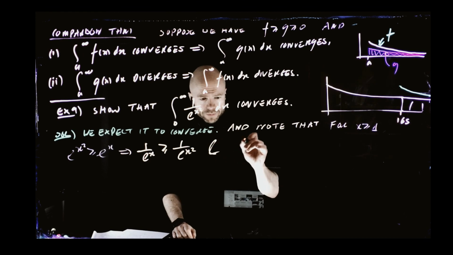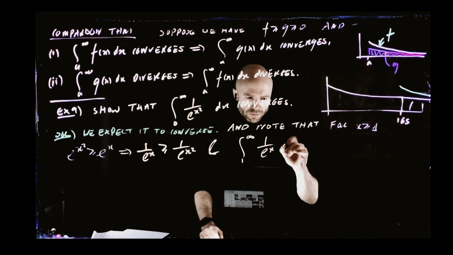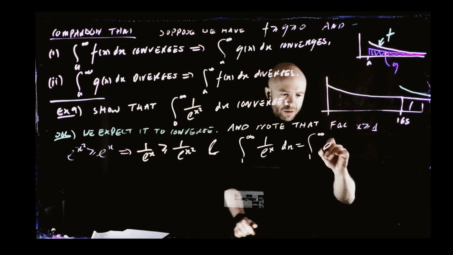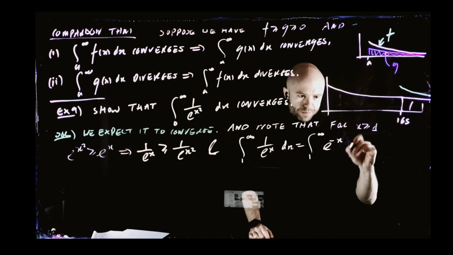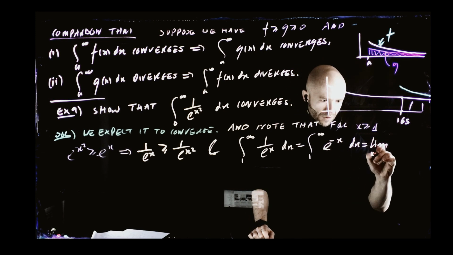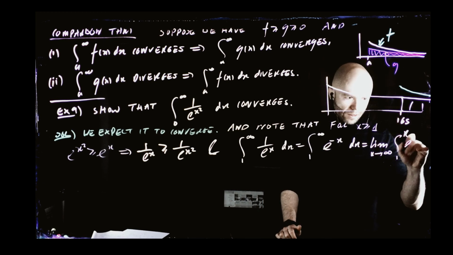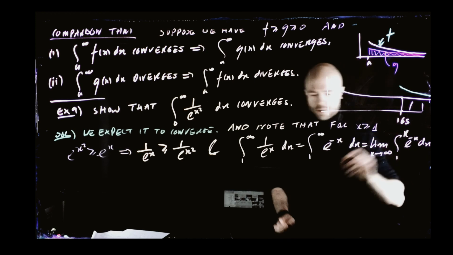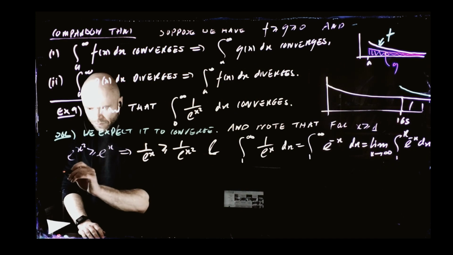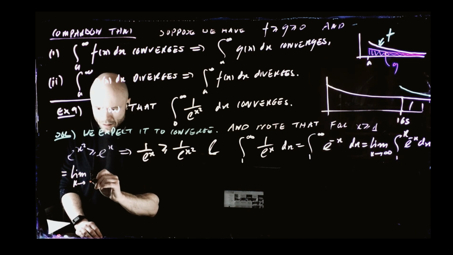And we can integrate this guy, 1 over e to the x. It's just the integral from 1 to infinity of e to the minus x, which is the limit as r goes to infinity of the integral from 1 to r of e to the minus x dx, right? And then what's this? This is the limit as r goes to infinity.